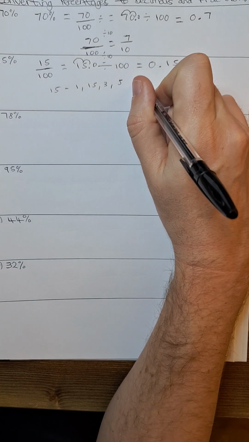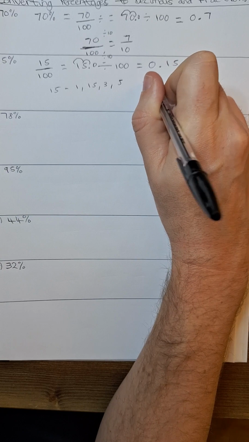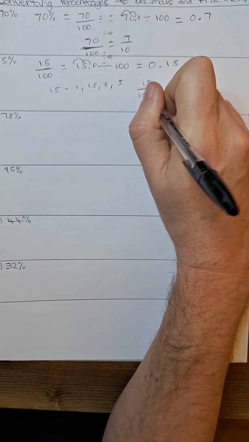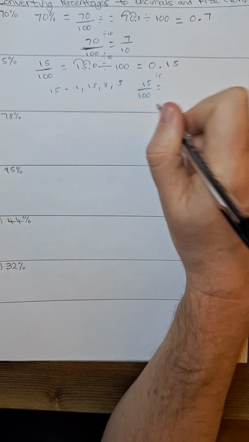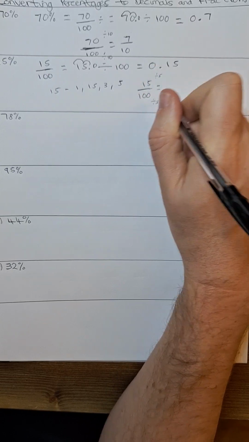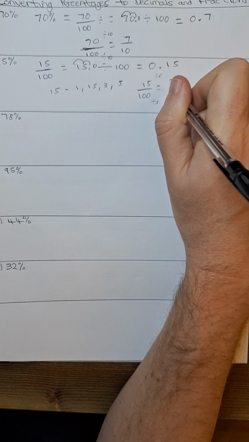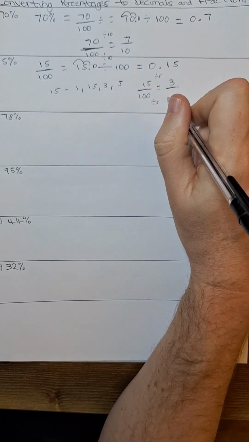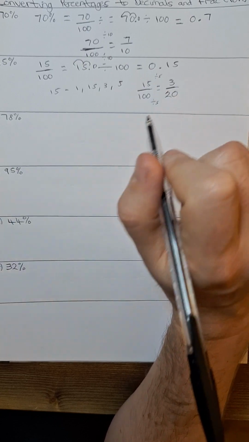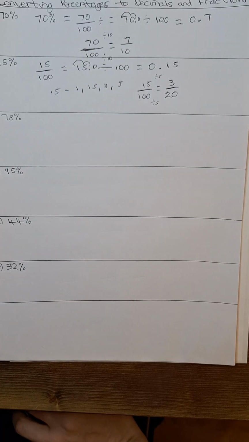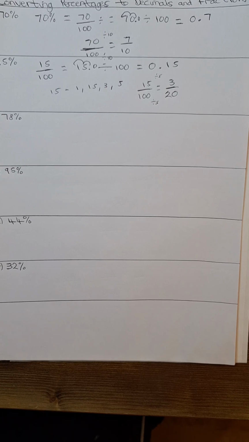So I'm going to divide both 15 and 100 by 5. 15 divided by 5 equals 3, and 100 divided by 5 equals 20. So 15% is 0.15 as a decimal, and it's 3/20 as a fraction in its simplest form.